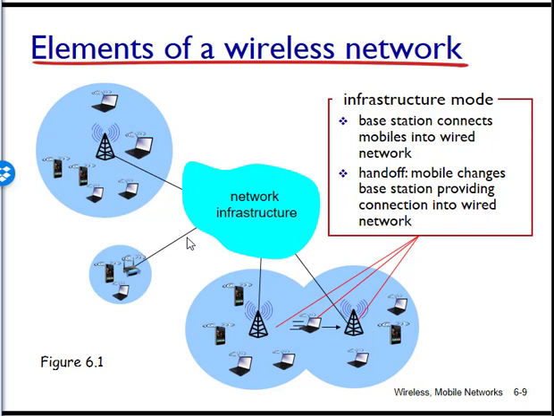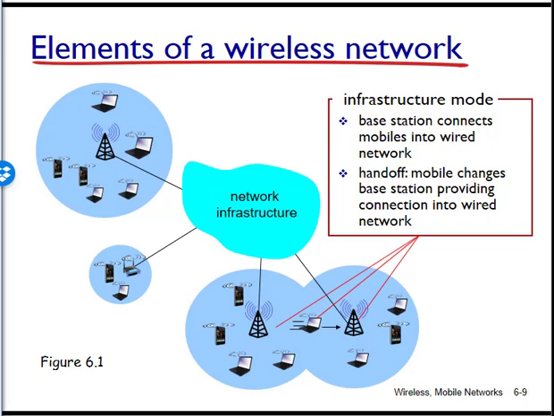Cell towers in cellular networks and access points in 802.11 wireless LANs are examples of base stations. In Figure 6.1, the base station is connected to the larger network, that is, the internet, or a corporate, home, or telephone network. Therefore, it is functioning as a link layer relay between the wireless host and the rest of the world with which that host communicates.